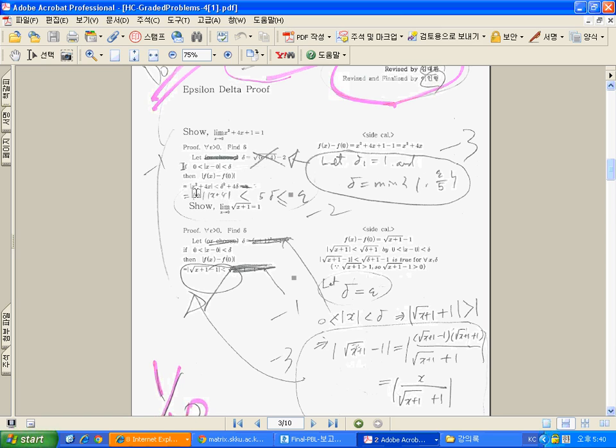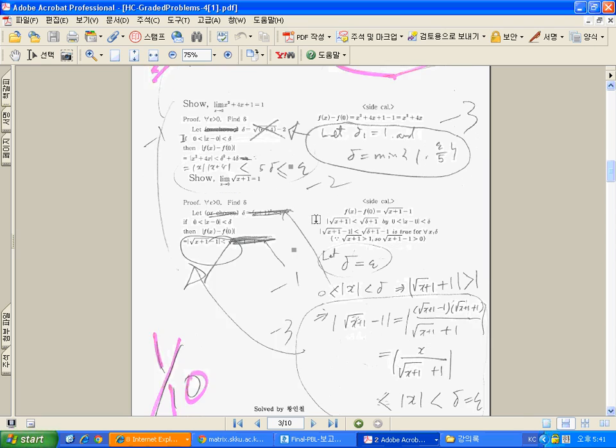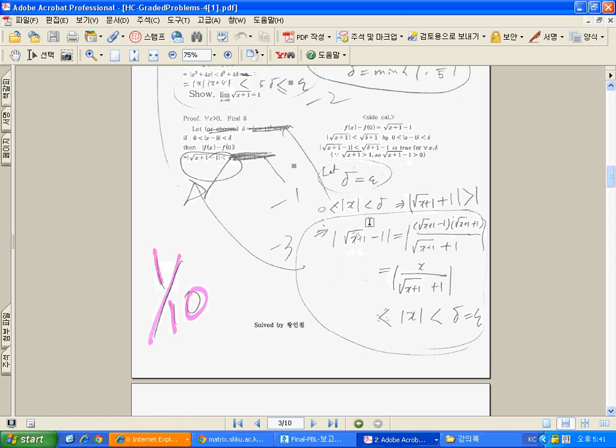So the product of the absolute value of x and the absolute value of x plus 4 can be bounded by 5 times the absolute value of x, which is less than 5 delta. So if we choose delta as the minimum of 1 and epsilon over 5, then definitely this 5 delta is less than or equal to epsilon, which gives us that if the absolute value of x is between 0 and delta, then f of x minus f of 0 is less than epsilon. That's the technique. The same approach applies here.